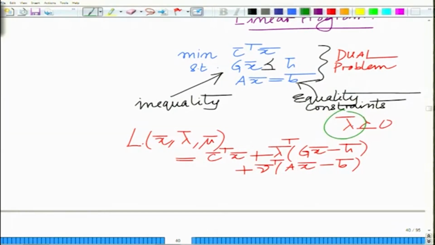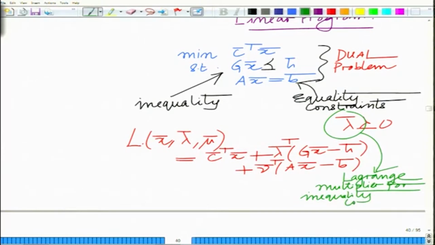Okay. So, these are the Lagrange multipliers for the inequality constraints.